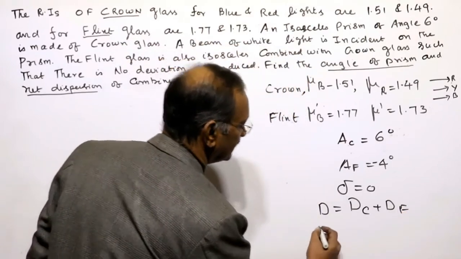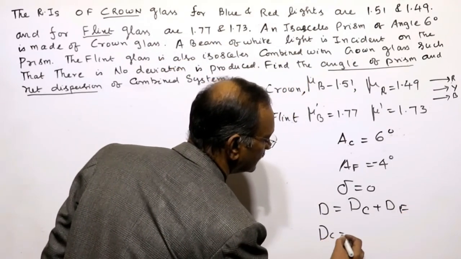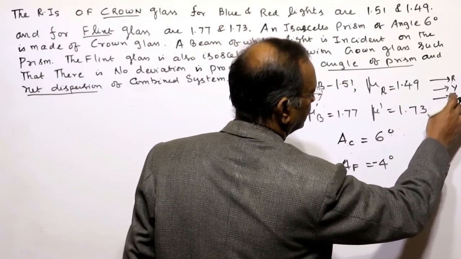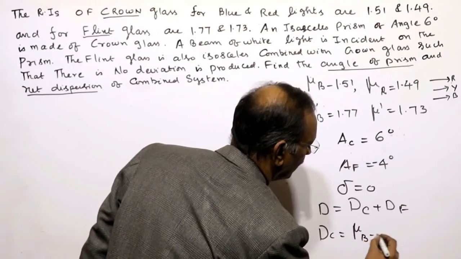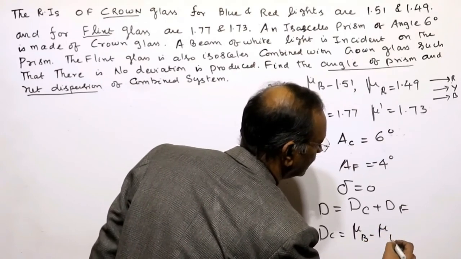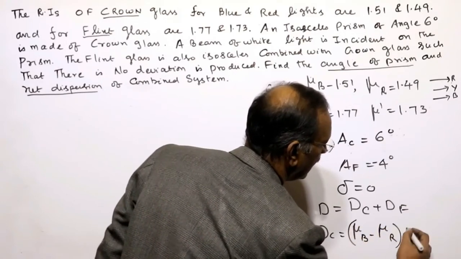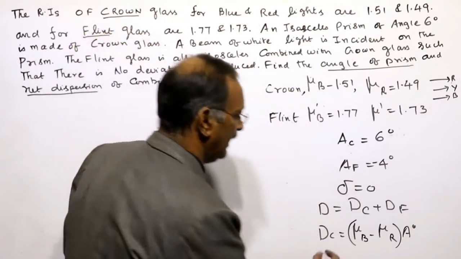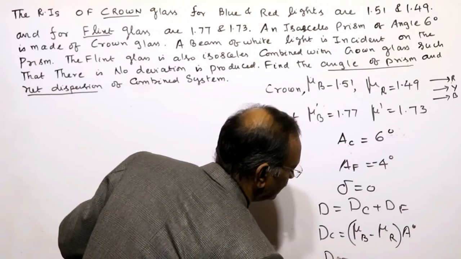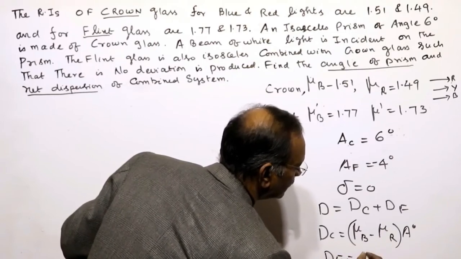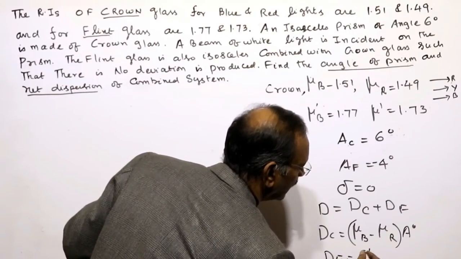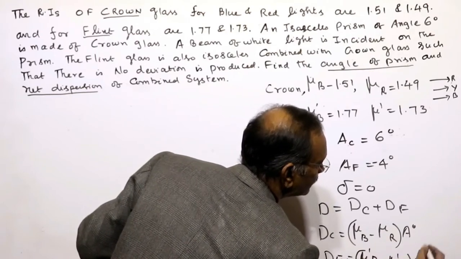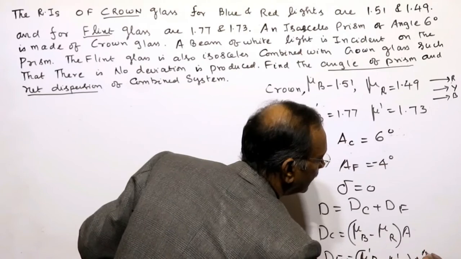So dispersion produced by the crown glass is equal to refractive index for blue minus refractive index for red, into angle of that crown glass, and dispersion by the flint glass is equal to refractive index for blue color minus refractive index for red color into A dash.